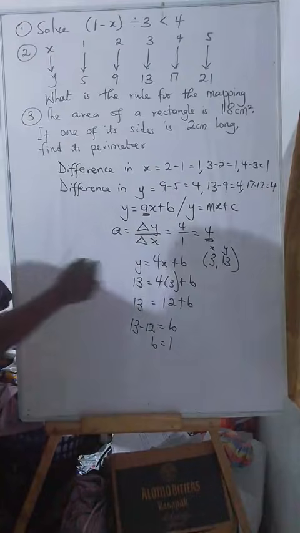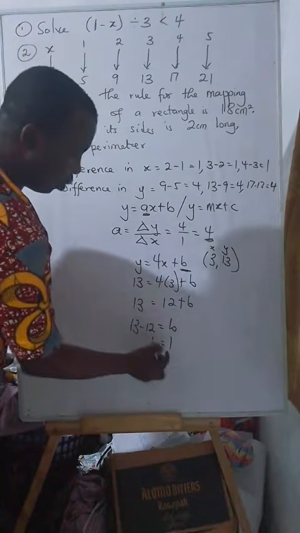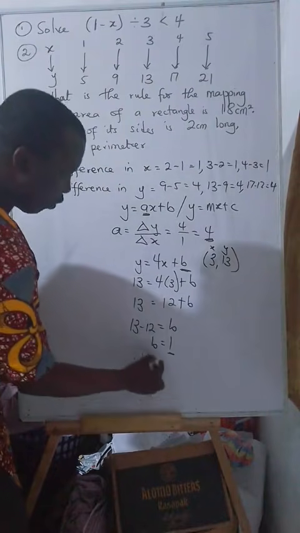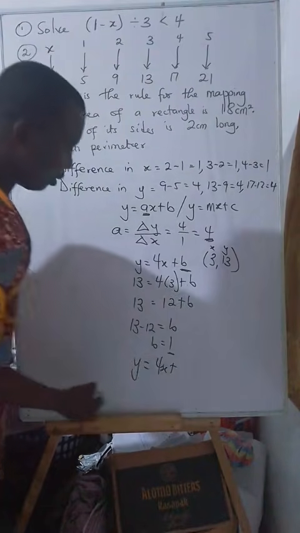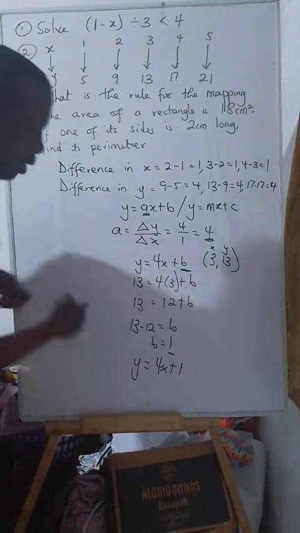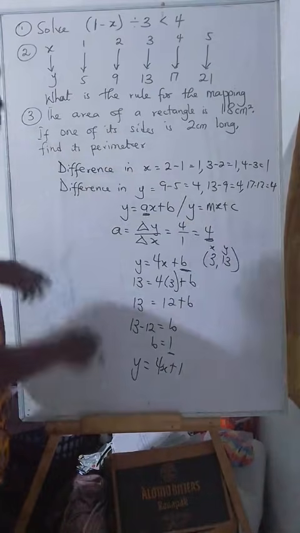So to get your complete rule, you put the value of 1 where the b is. y is equal to 4x plus 1. That is the one we had here, positive 1. So that is the rule.